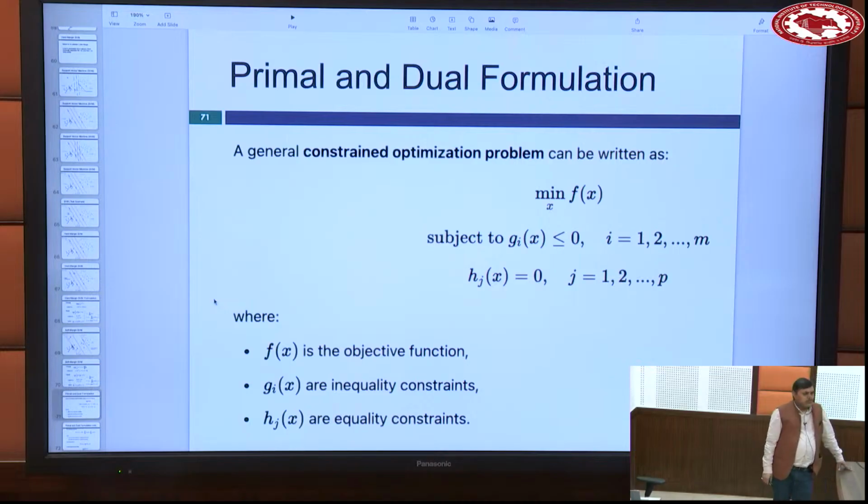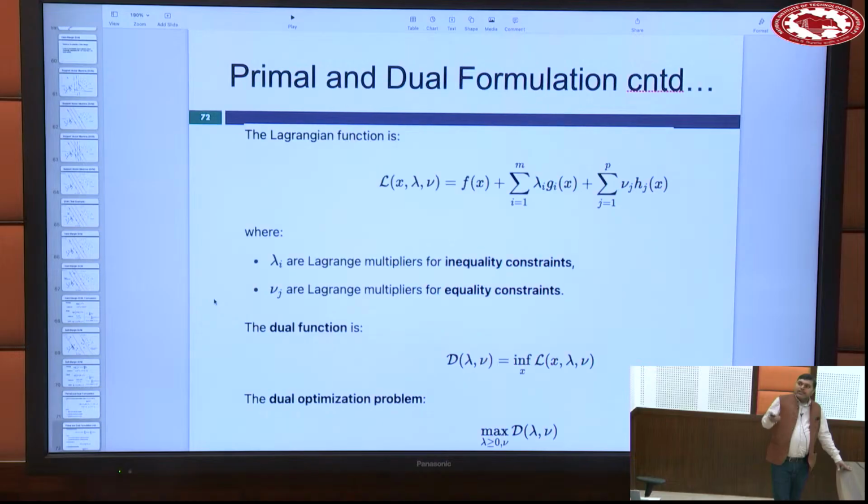We have certain conditions to hold, by the way, and for the equality constraint, the Lagrangian variable does not have any constraint on it. For every inequality constraint you have a lambda, and for every equality constraint you have nu_j.